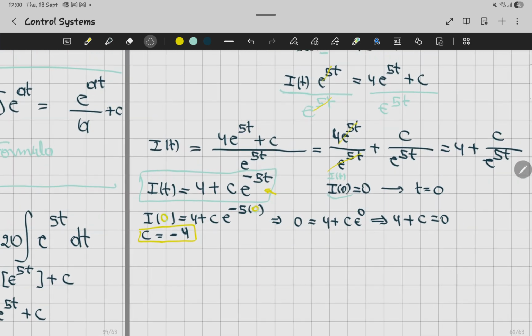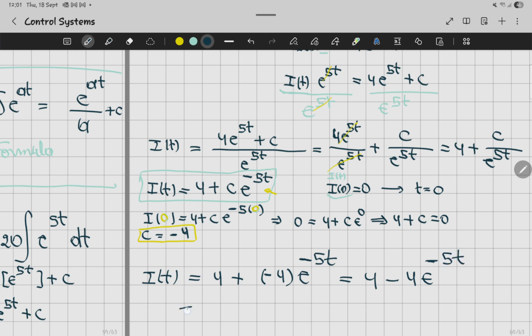This is what you get: i equal to 4 plus c, with c equal to negative 4, e^{-5t}, which gives you 4 minus 4e^{-5t}.